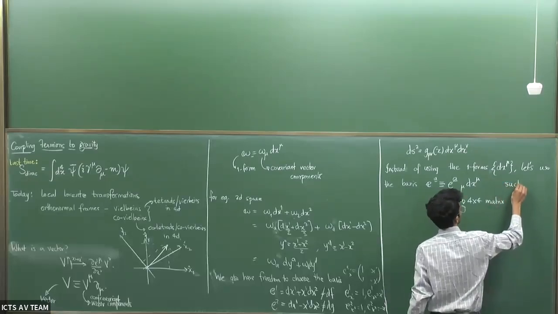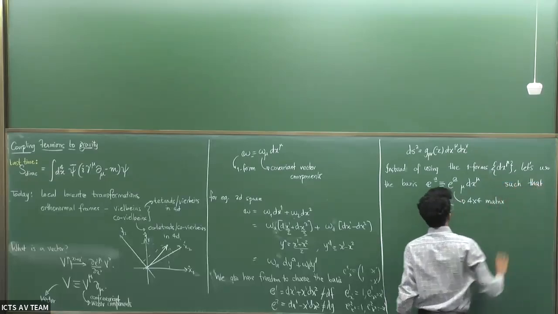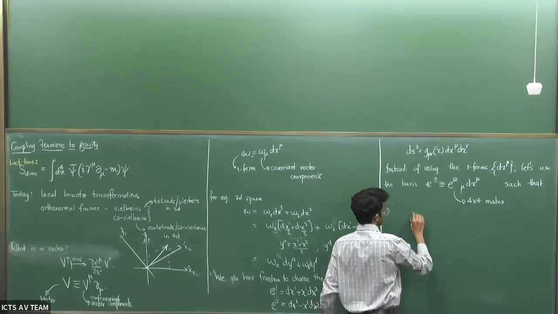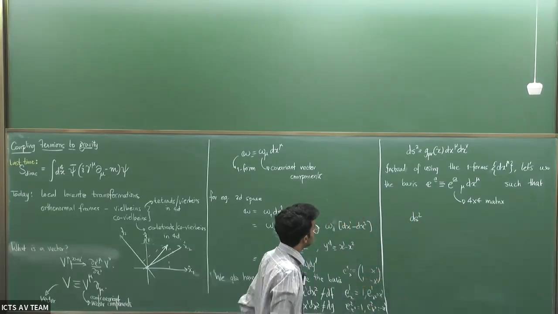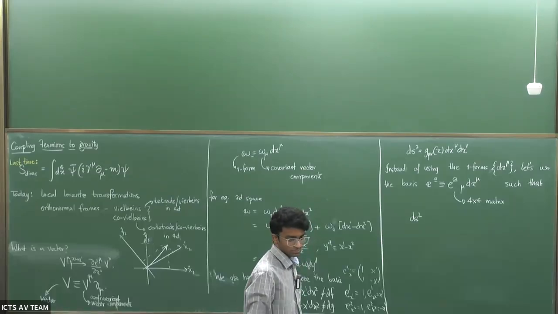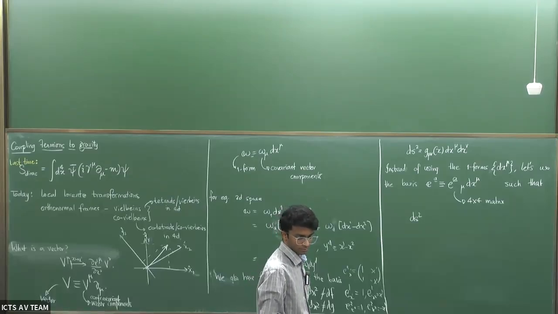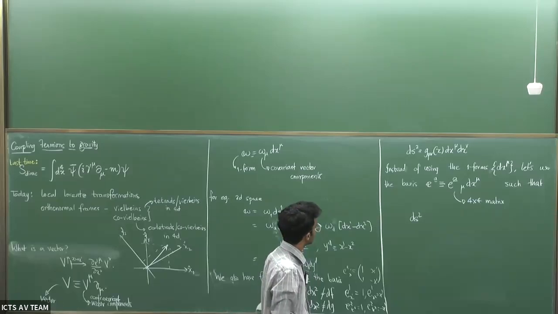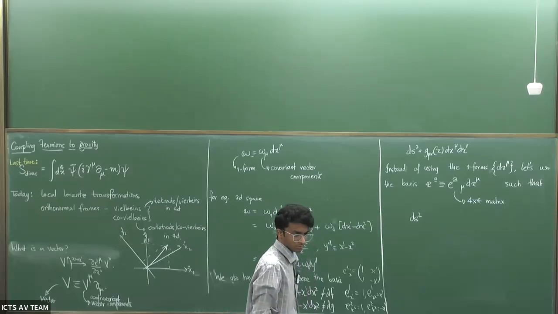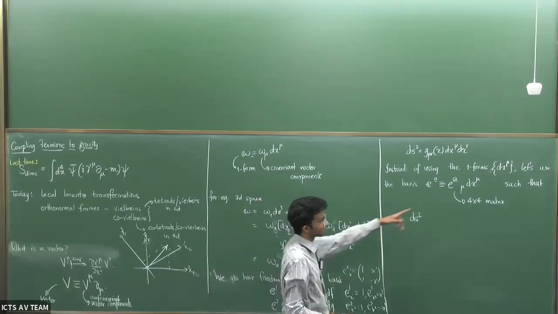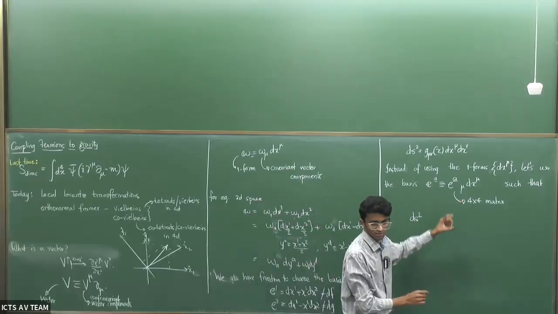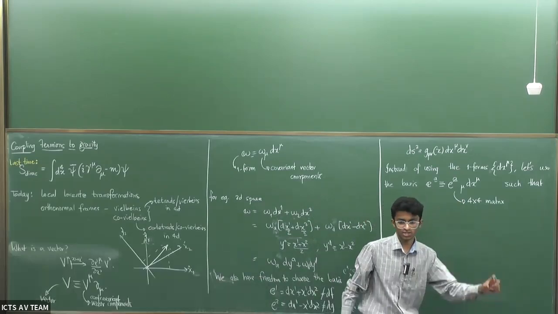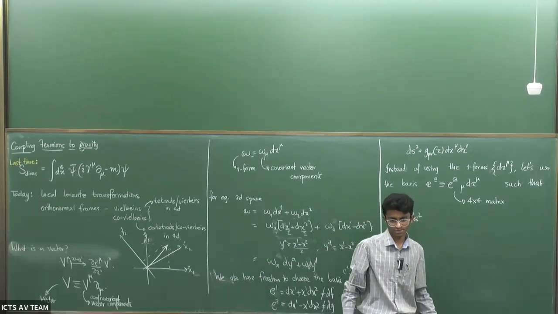Such that, so I want to write it in such a basis that ds squared, okay, it's a basis one form. So dx0 is a basis one form. dx mu itself is not. dx0, dx1, dx2, dx3 are all basis one forms.